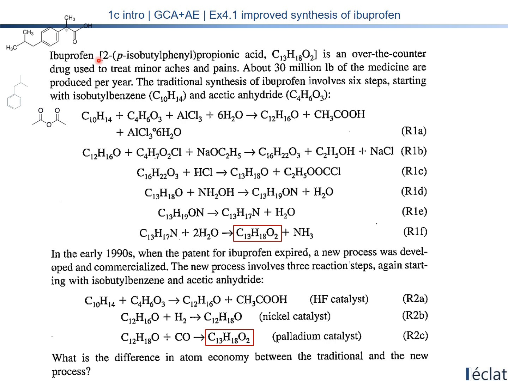We have popularly used ibuprofen for suppressing pains. We have two processes. The first process involves 6 steps, and the other process has 3 steps. I'd like to compare those two processes by using the generation consumption analysis with an atom economy as a measure of what kind of process is preferred.